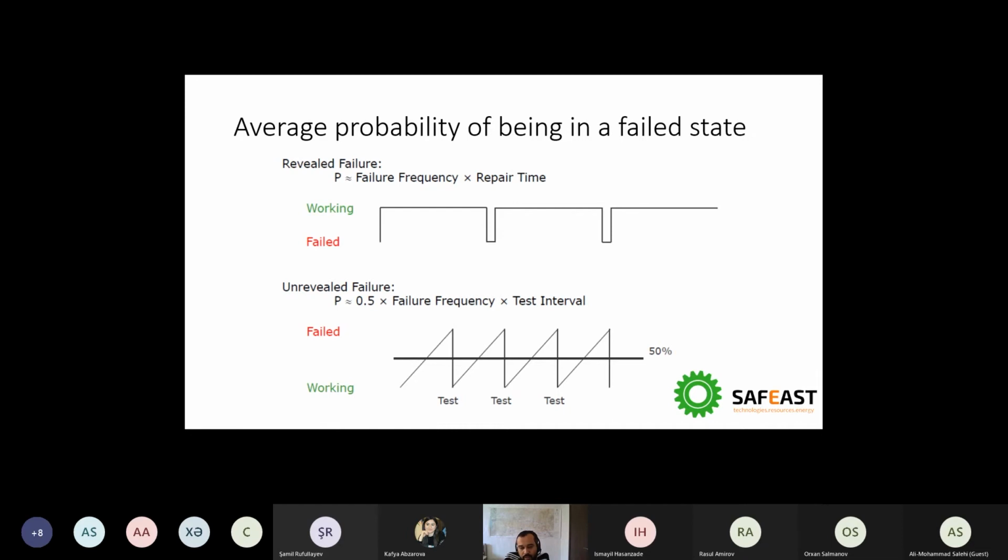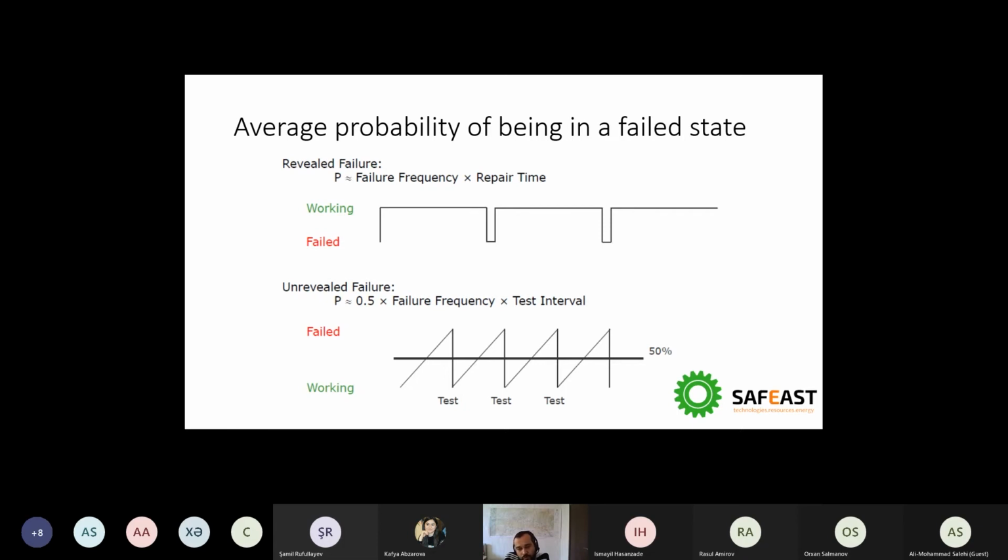Some failures are revealed, which means it is easy to observe that they have failed. For example, let's say you have got a car and you are driving. If your tire connection is broken, it will be revealed, because you will immediately feel that the tire is out of service. Or let's say you don't have fuel.